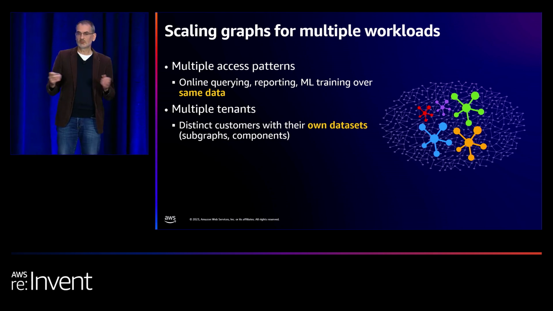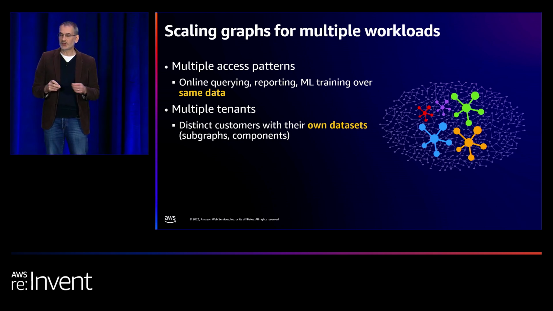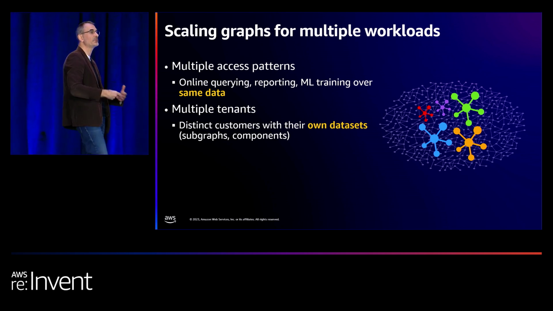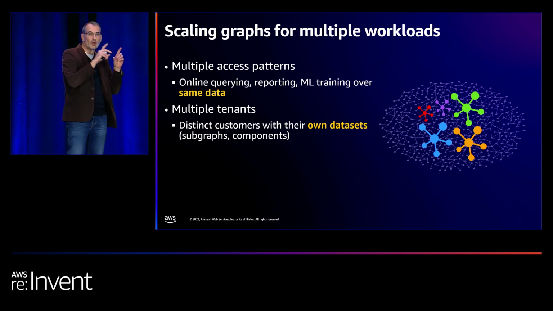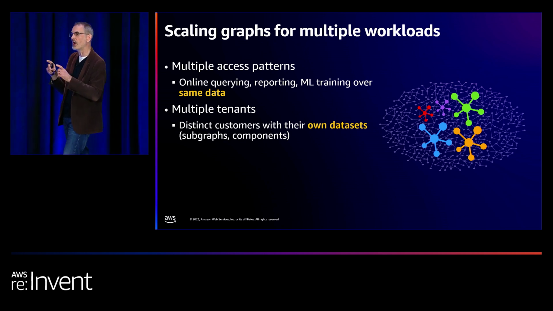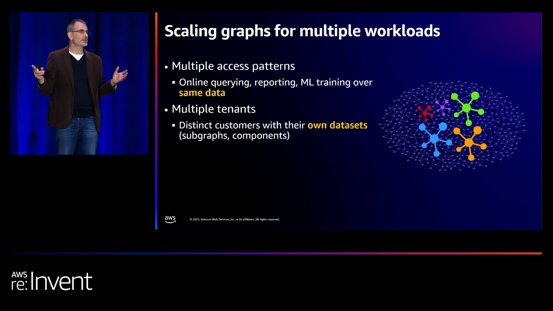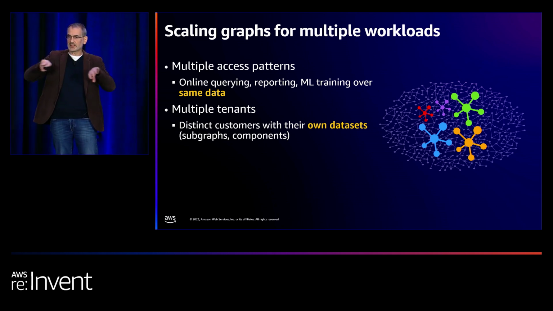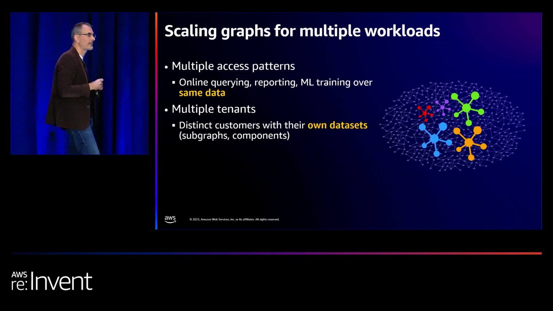The second meaning of multiple workload in this context is multiple tenants. So you may have multiple clients, multiple customers, each with their own discrete data set, their own discrete component or subgraph within that larger data set. All of those clients, customers are probably running similar query access patterns, but against very discrete data sets. Okay.